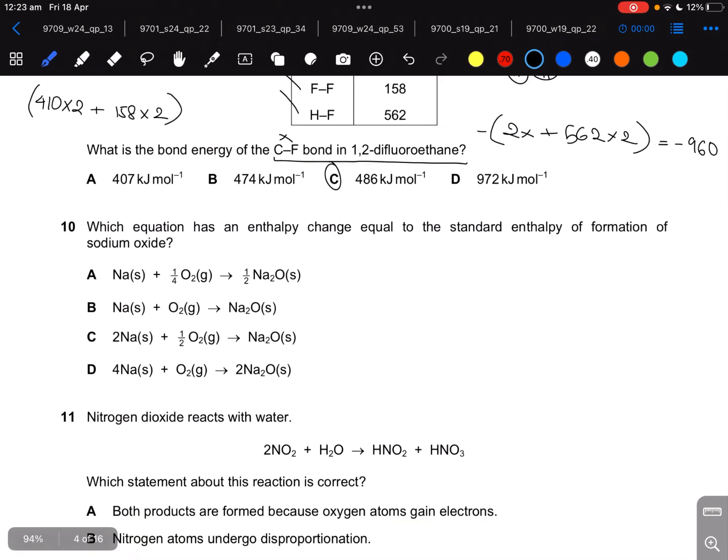Question 10. Which equation has an enthalpy change equal to the standard enthalpy change of formation of sodium oxide?